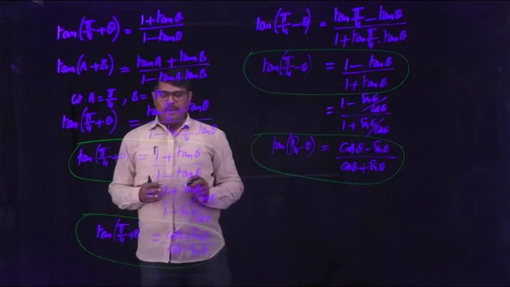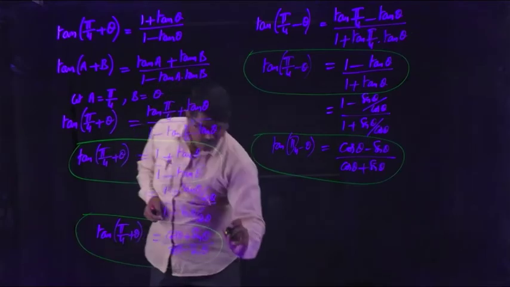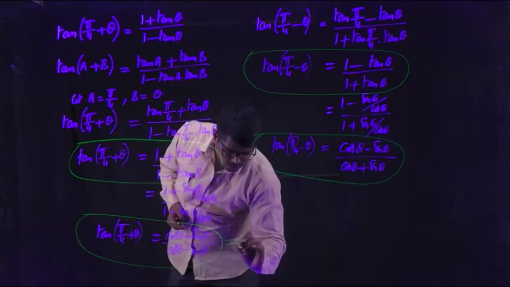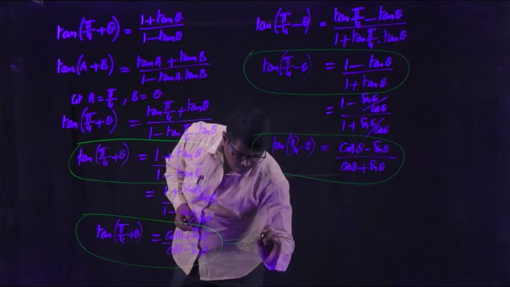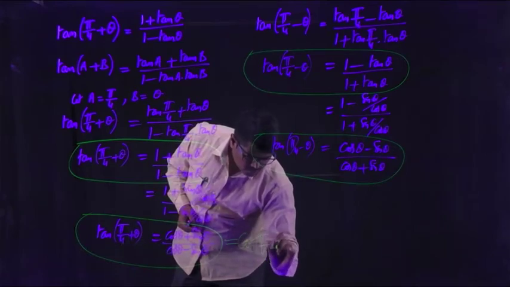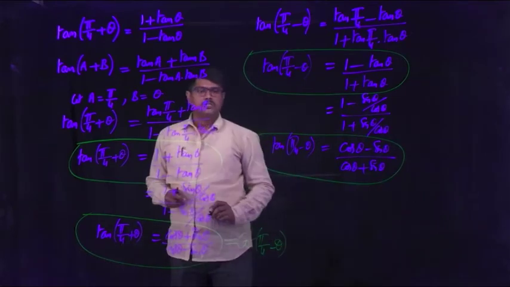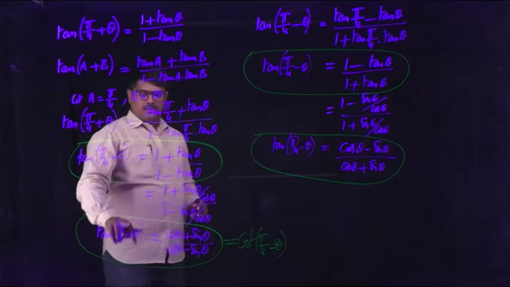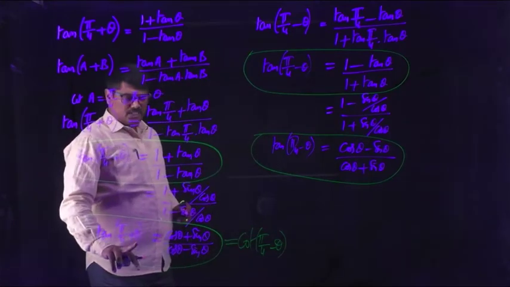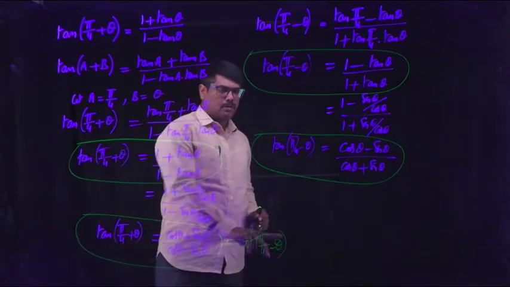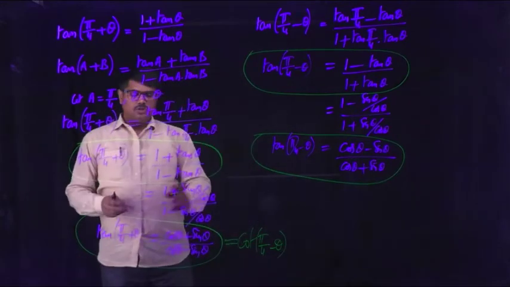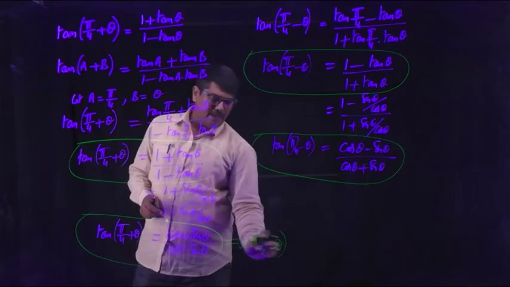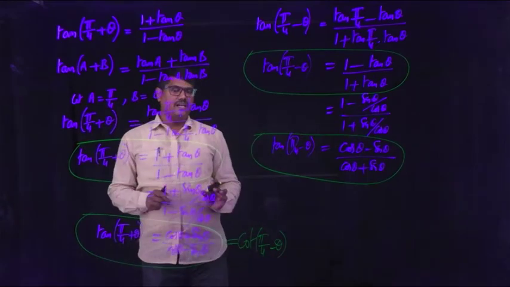And also remember that tan(π/4 + θ) will be equivalent to cot(π/4 − θ). Remember this point? So no need to find what is cot(π/4 − θ). Tan(π/4 + θ) is equivalent to cot(π/4 − θ). So π/4 + θ and π/4 − θ are complementary angles.